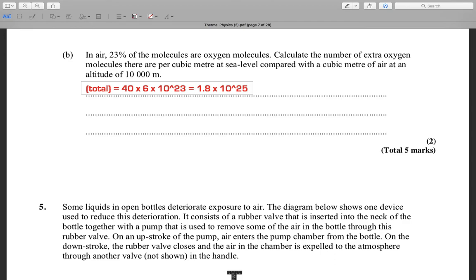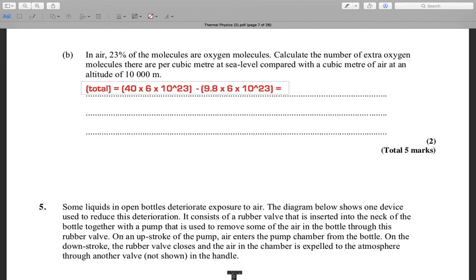Sorry, that's not correct. We need to subtract, because at the altitude of 10,000 meter we have 9.8 moles, times the Avogadro number again.